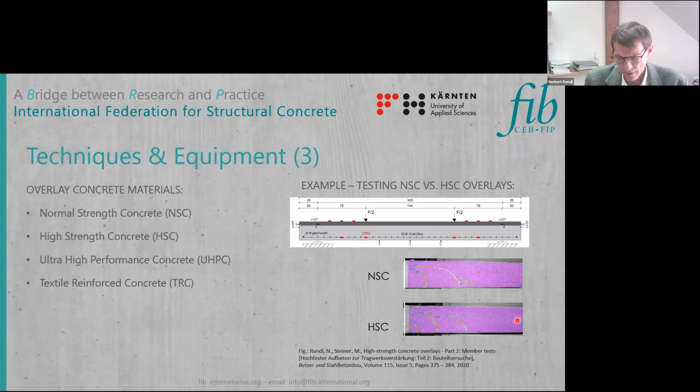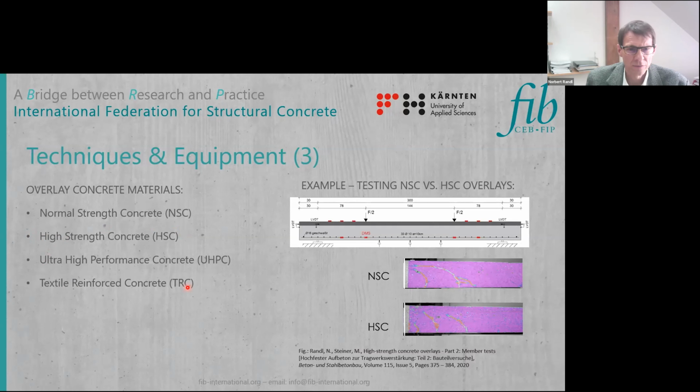We can choose high strength concrete, ultra high performance concrete, or also textile reinforced concrete. The latter one mainly on the tensile side, because we introduce with the textile reinforcement a very powerful reinforcing element.